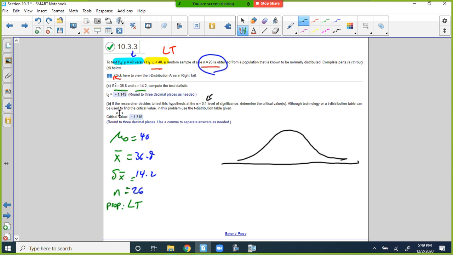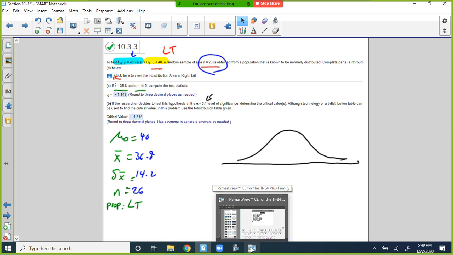So we can find T sub 0. It's not a problem. If you go to your calculator real quick, you can perform the t-test. You have all the information you need to perform it. You just need some more information to be able to do analysis with it, I should say.